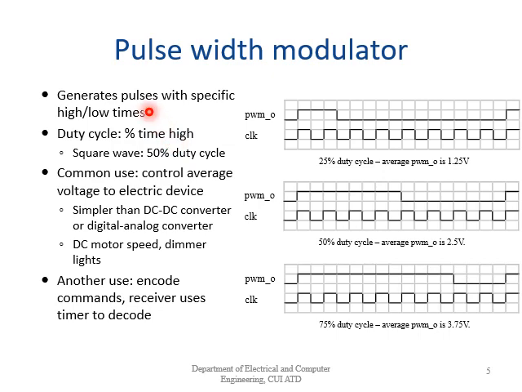A pulse width modulator generates pulses with specific high and low times. Okay, so these are three different graphs. As you can see here, we have a clock signal and the pulse width modulator output.